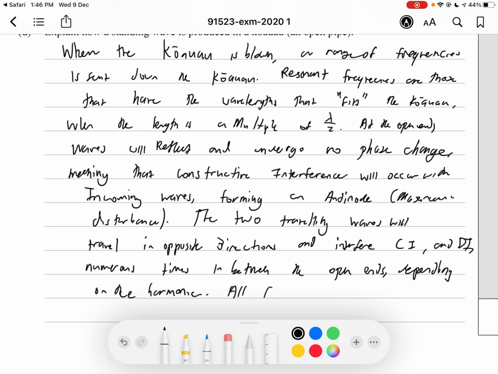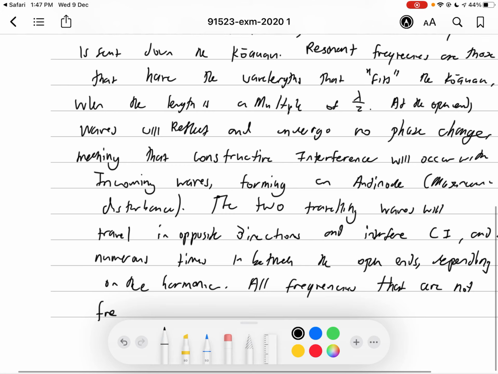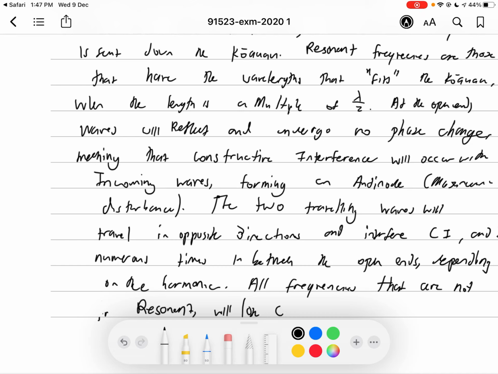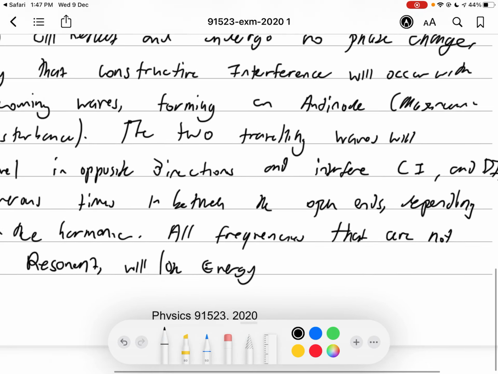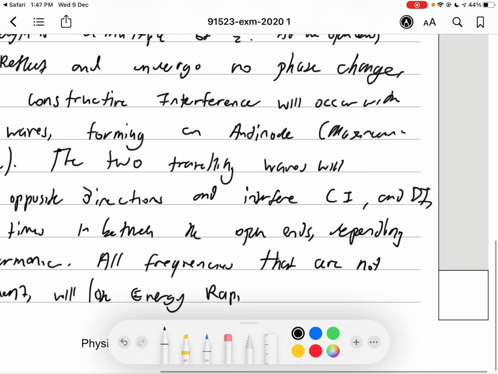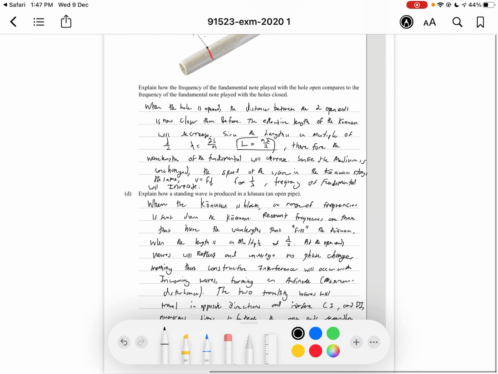So all frequencies that are not resonant will lose energy rapidly and not form a standing wave. Alright, that's it for this question.